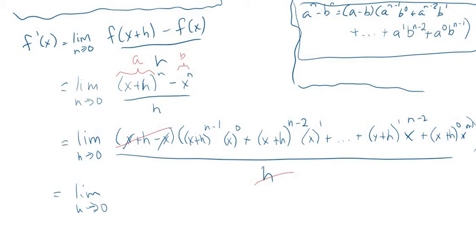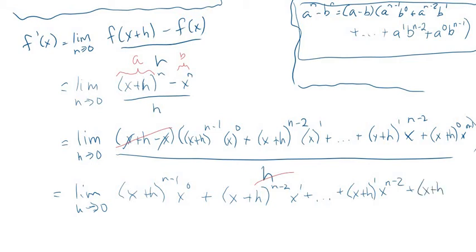So we have (x plus h) to the power of n minus 1 times x to the 0, plus (x plus h) to the power of n minus 2 times x to the 1, plus dot dot dot, plus (x plus h) to the power of 1 times x to the power of n minus 2, plus (x plus h) to the power of 0 times x to the power of n minus 1.